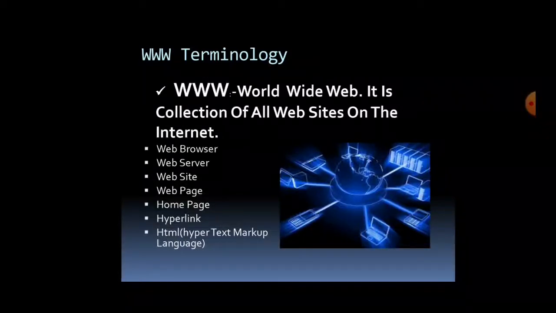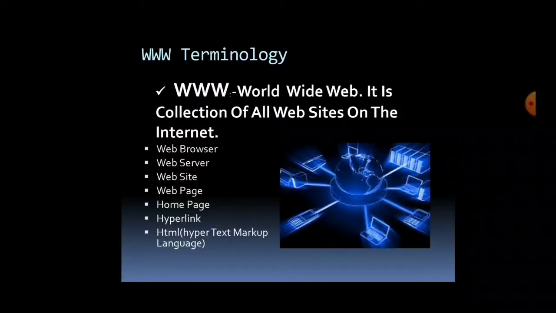WWW terminology. The WWW has different parts, for example the web browser, web server, website, web page, home page, hyperlink, and HTML. The first of all is the web browser. What is the use of a web browser? The web browser is a program for viewing any information on the WWW.